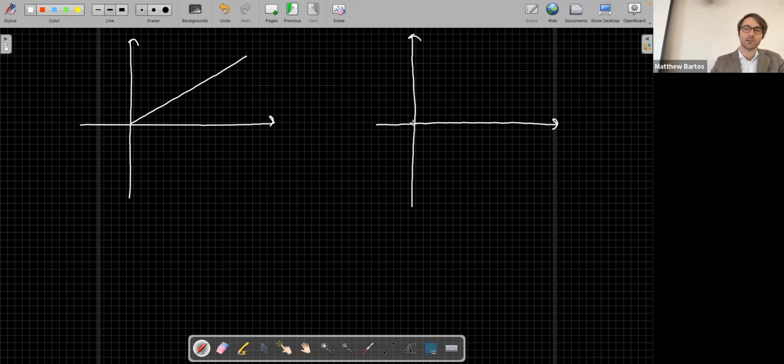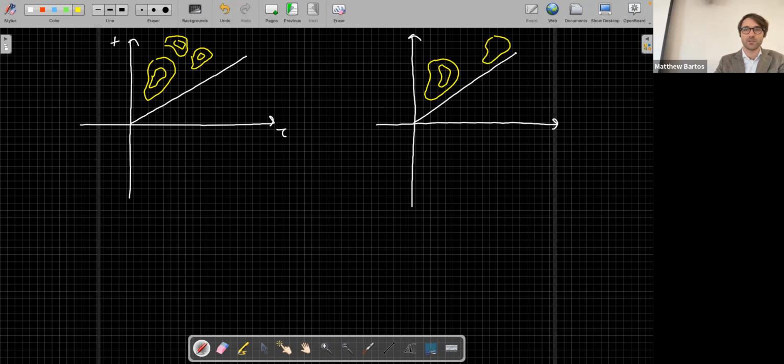Okay, so here we have that the x-axis is tau, the y-axis is t. We have a function of two variables in terms of t and tau. Okay, so maybe it looks like some contours coming out of the page here. And we want to integrate this function over both t and tau.